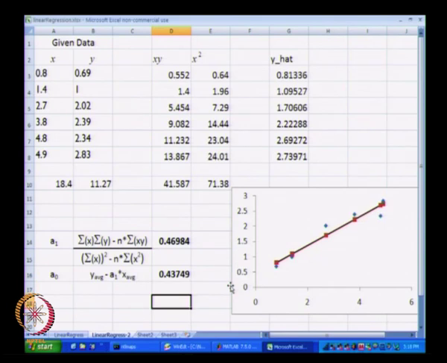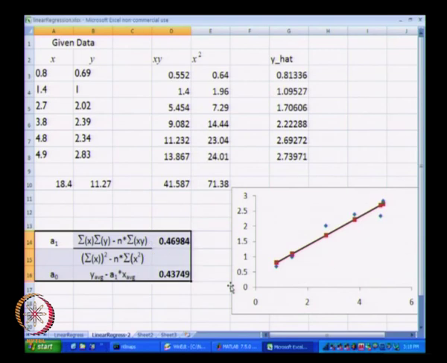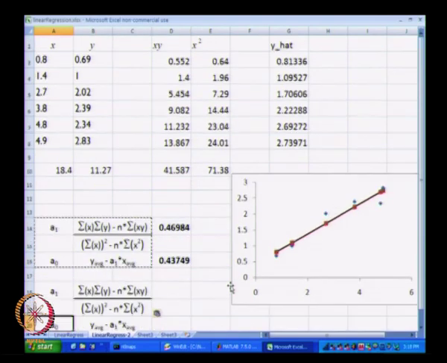Now what we are going to do is just interchange x and y data, because now x is going to be the dependent variable and y is going to be the independent variable, and as we had done before, our b0 and b1 will have almost the same form.